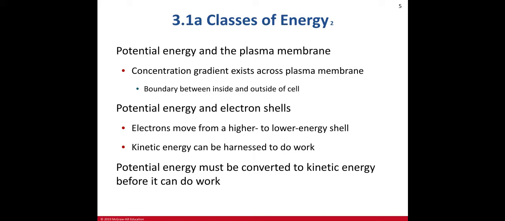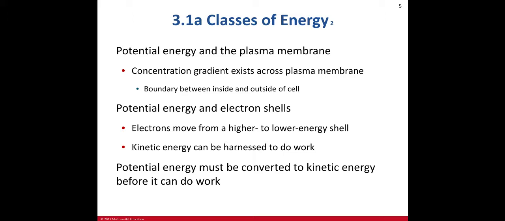And then potential energy, we see that in electron shells. So we've got the information from our last chapter about the octet rule and the number of electrons in different shells. Well, we're holding on to potential energy there as we're moving those electrons from high to lower energy shells, as we're sharing or giving them away in chemical bonds.